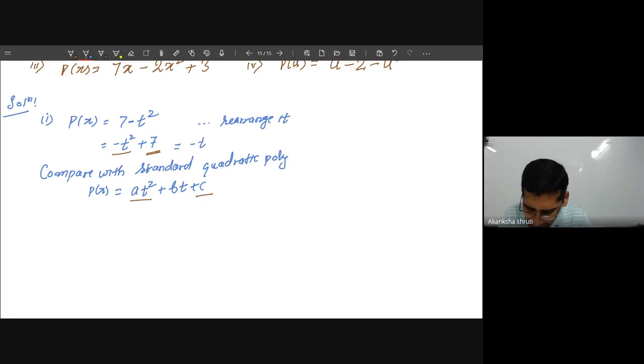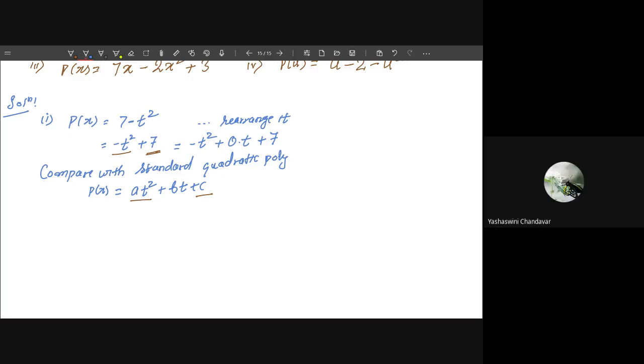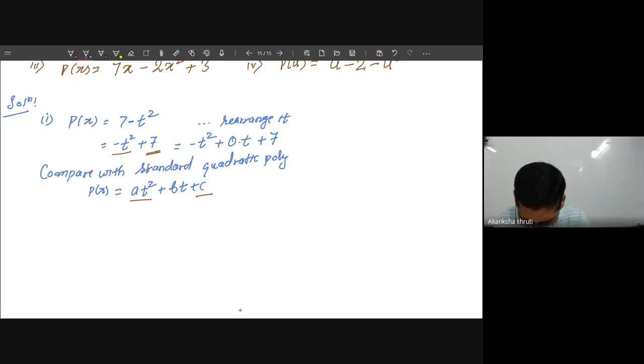So this can be written as minus t square plus 0 into t plus 7. Are you getting this?